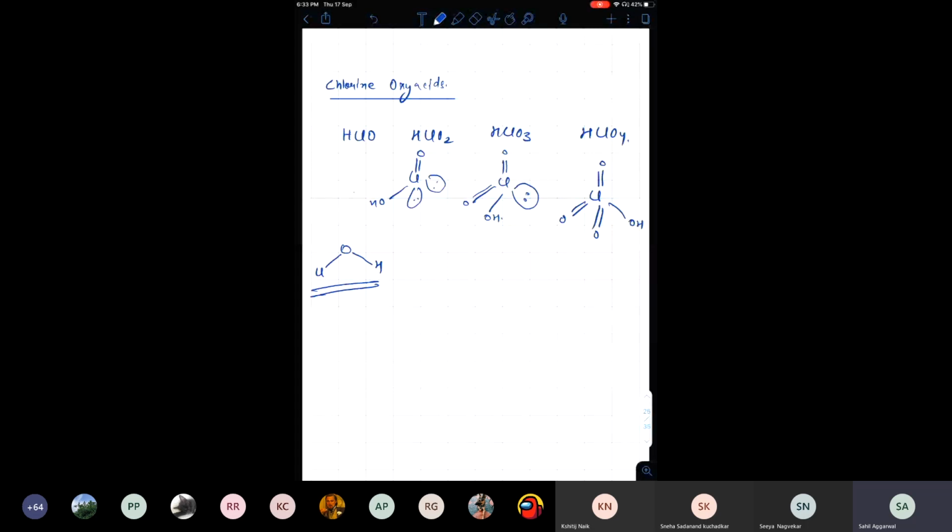Okay, now we'll start the chapter. Fifteen group elements: nitrogen, phosphorus, arsenic, antimony, bismuth.